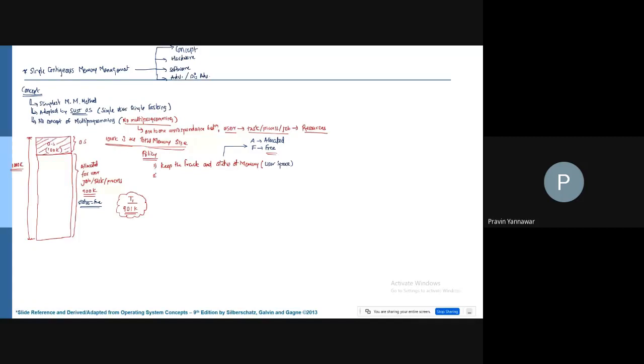So the second important point is we need to design the policy to allocate task, job, or process into user space.